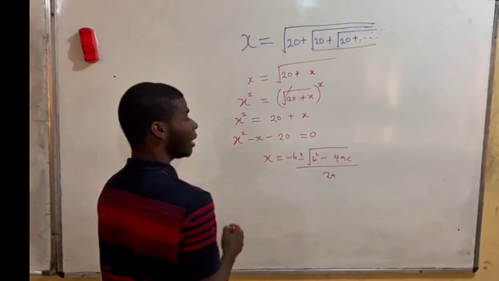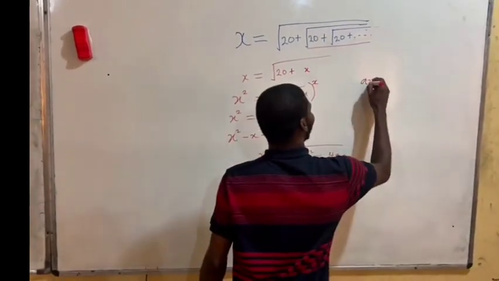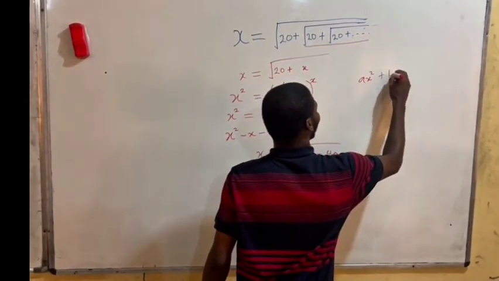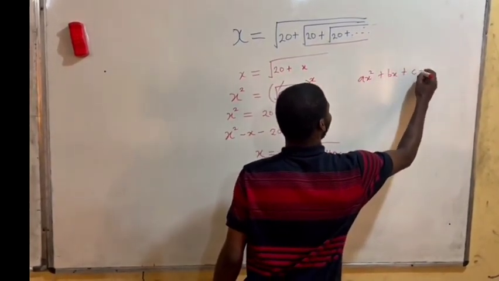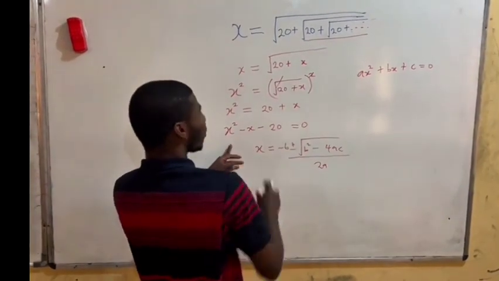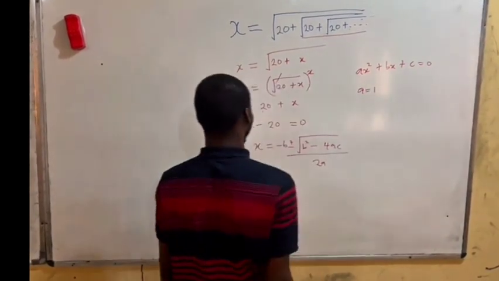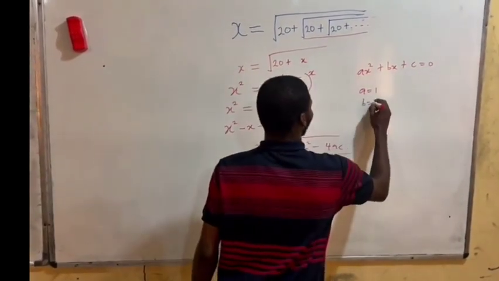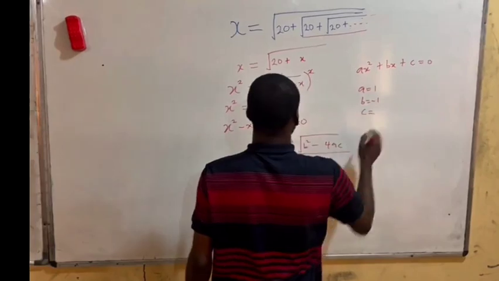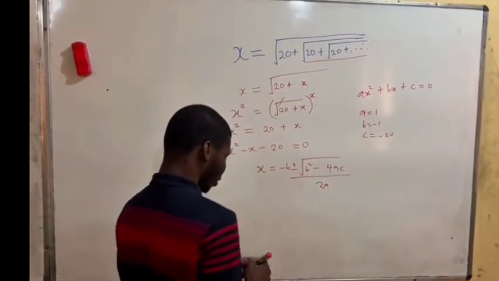Don't forget, the general quadratic equation is ax squared plus bx plus c equals 0. So now we compare these two equations. It's safe to assume that a is equal to 1, b is equal to minus 1, and c, which is a constant, is equal to minus 20, right?